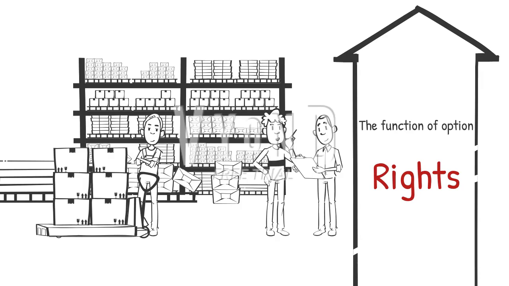Options provide investors with opportunities to purchase or sell at a predetermined price, but investors have the right to decide whether to execute it or not. If the financial situation is not good for them, investors will not execute the rights.